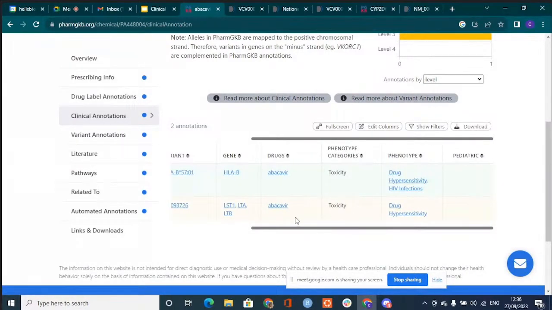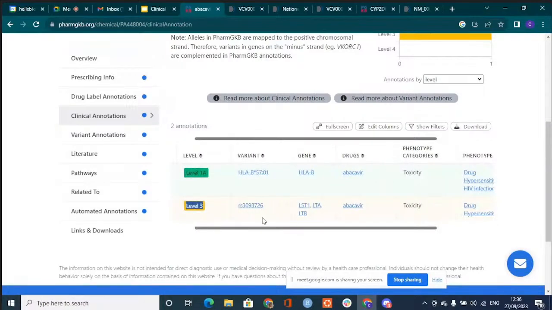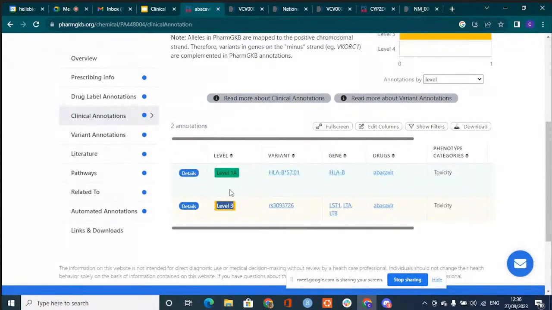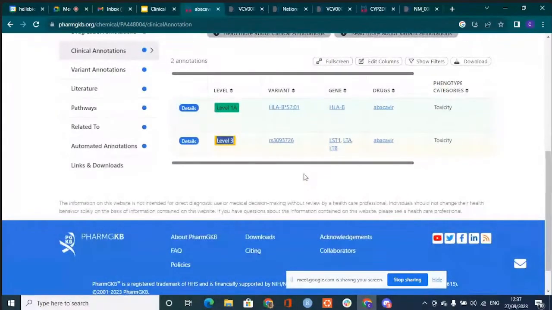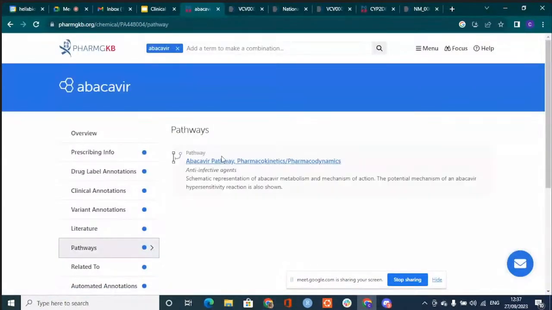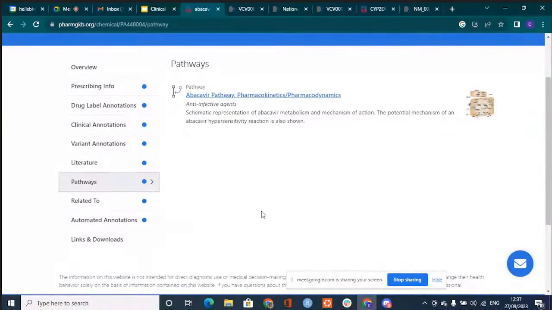This is how to make a quick decision: from your report after sequencing, you have an HLA-B*57 variant from the analysis, so you can decide that this could be what is causing the patient to develop a hypersensitivity reaction. You can also check the pathway related to this, and some other information like that.